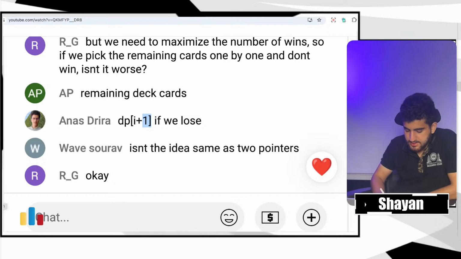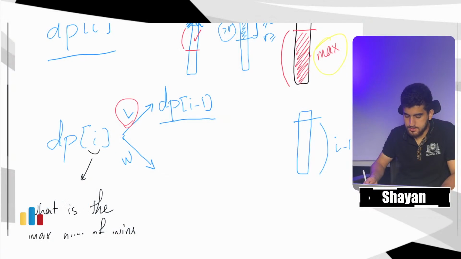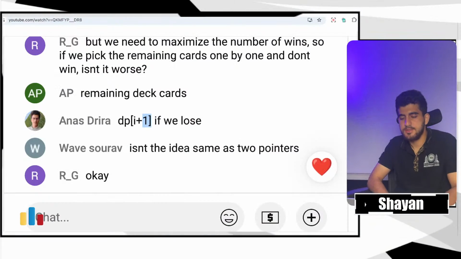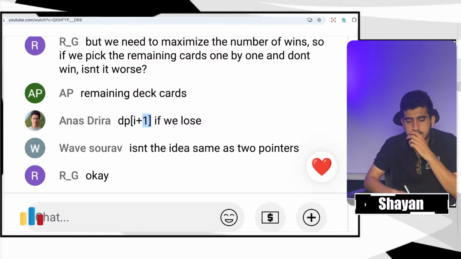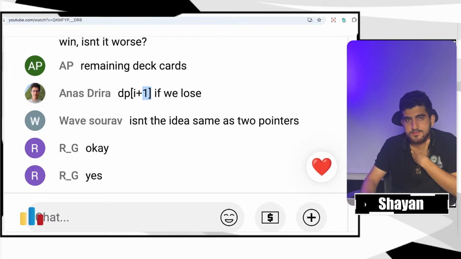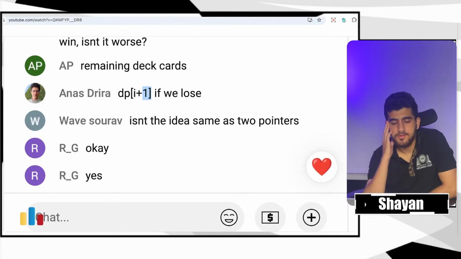Now we need to see how many wins we can have in the last I minus 1 cards. So if we lose the first one, it's going to be dp of I minus 1. Is it clear? If it's clear, please use this emoji or put a plus. So if I'm going to lose the first round, I'm going to use dp of I minus 1.